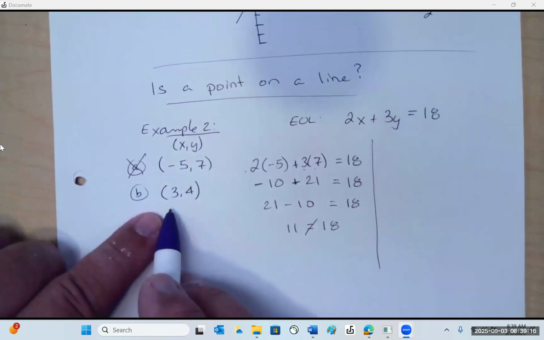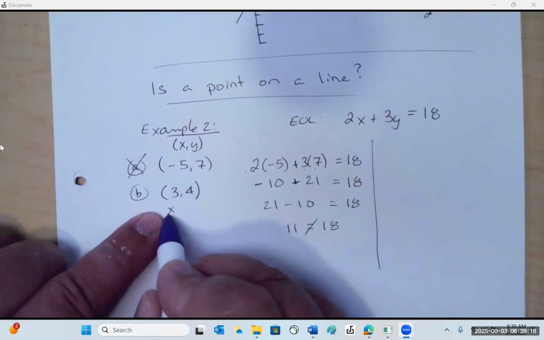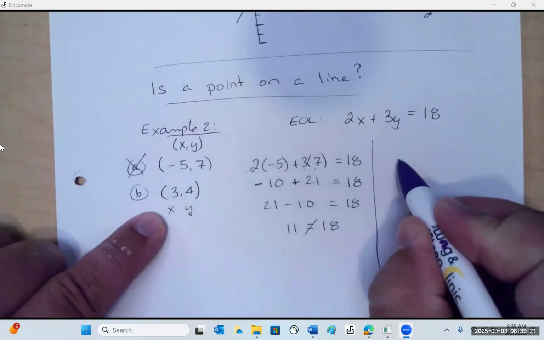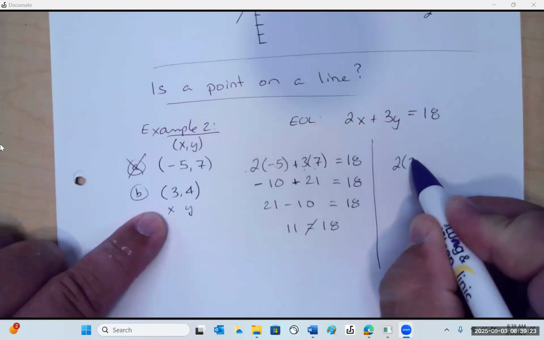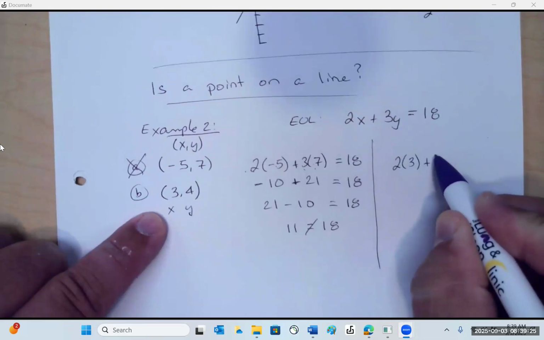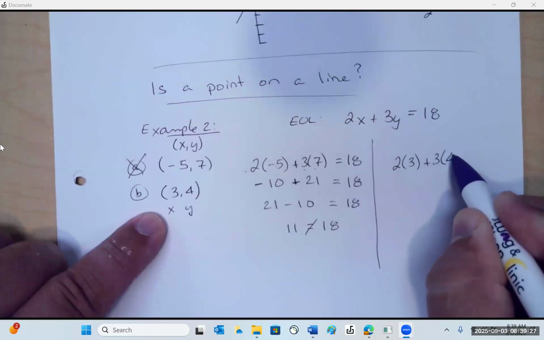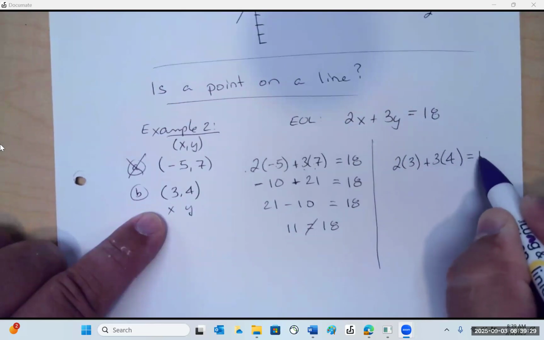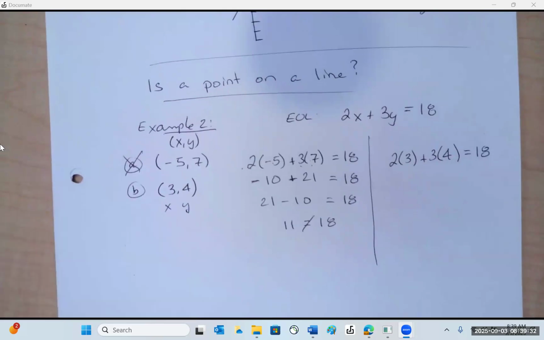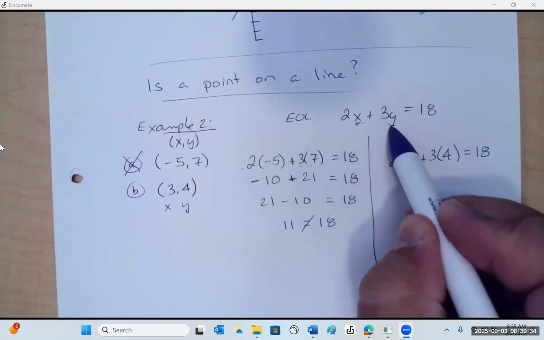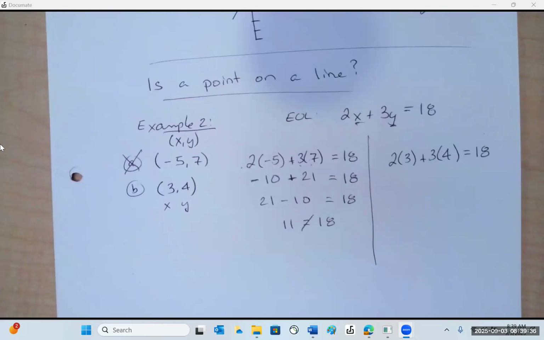Let's try B. This is the x, and that's the y. So 2 times 3 plus 3 times 4 equals 18. I just plug them in place of x and y anywhere. That's called substitution.